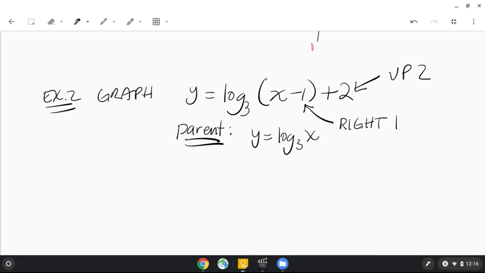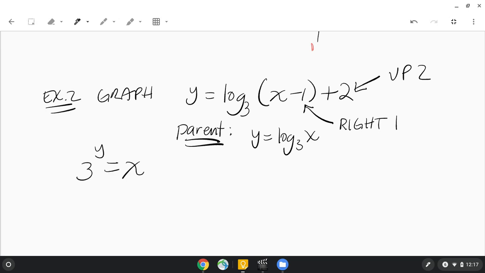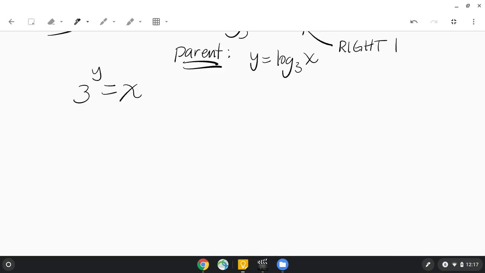I'm going to take that parent function and rewrite it as an exponential, so base 3 to the y exponent equals x. At this point, I want you guys to go ahead and hit the pause button and see if you can do this on your own.